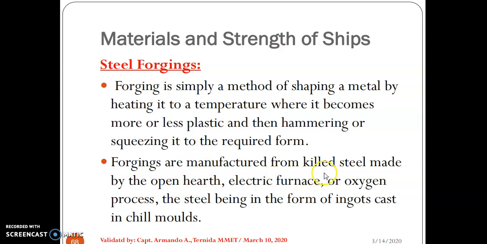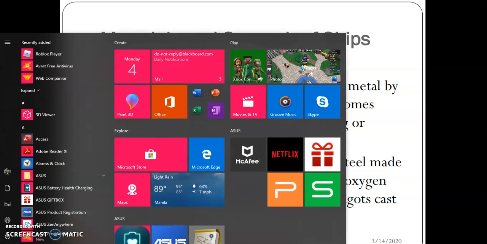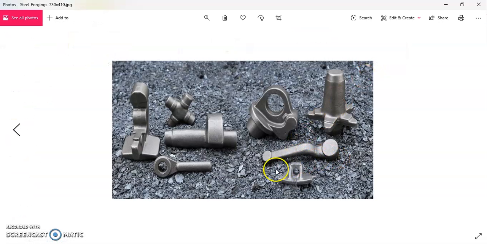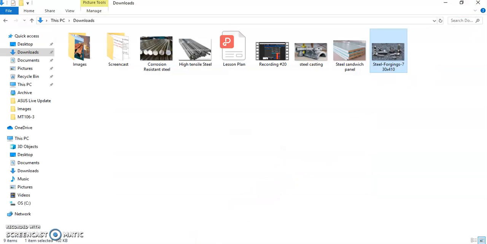Forgings are manufactured from killed steel, steel made by the open hearth, electric furnace, or oxygen process, the steel being in the form of ingots cast in chill molds. Okay, so to have a picture of steel forging, mas pulido, no? Mas pulido.